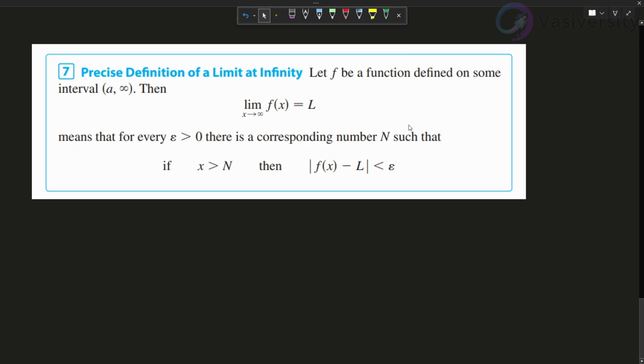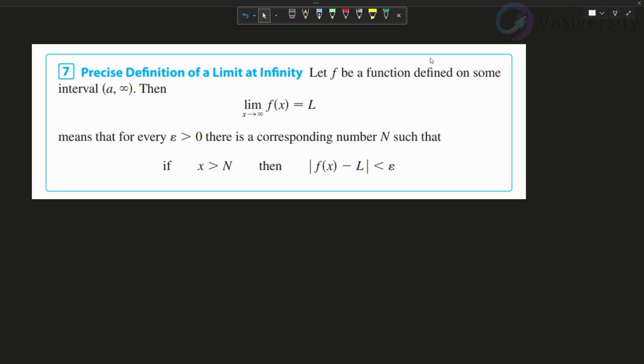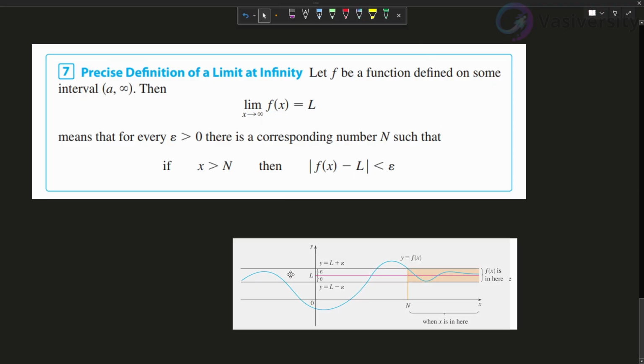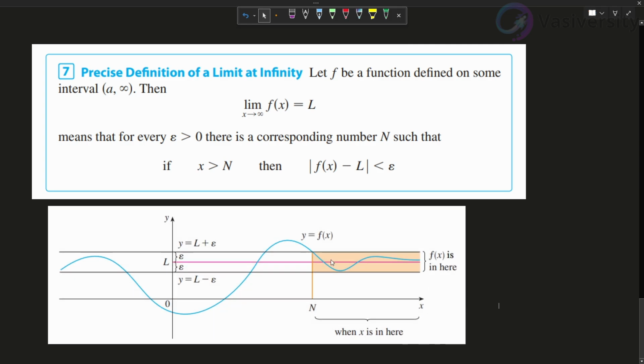Now let's go ahead and take a look at it graphically. So here it is. Remember the definition of limits, so we will have the following graph. We're trying to decrease this range with our epsilon, so we have control of the epsilon such that we can be closer and closer to the function.